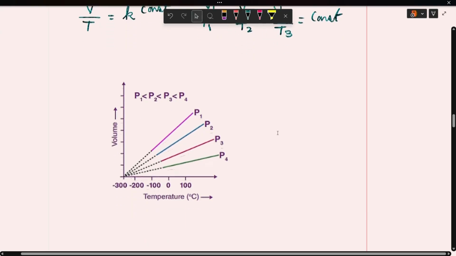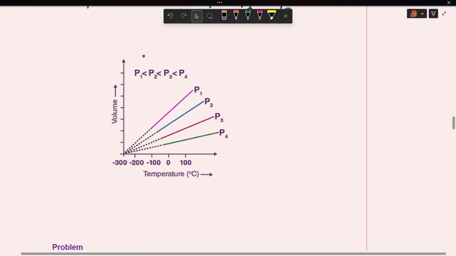Now, you can see the plot here, where volume is plotted against temperature, and they are all straight lines. Mind that when pressure is high, the value of volume should come low. So, this is P4, P3, P2 and P1. P1 is for which we will have higher volumes because it is a lower pressure.